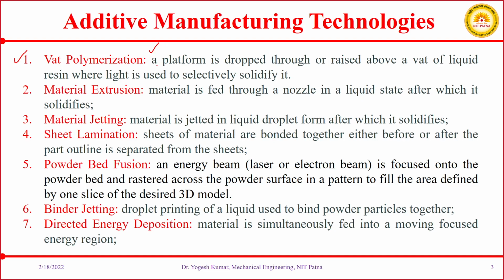What we are doing in wet polymerization processes is this: we have a vat of liquid, vat meaning a container filled with liquid resin, and you selectively solidify this liquid polymer by using UV light or a light source.